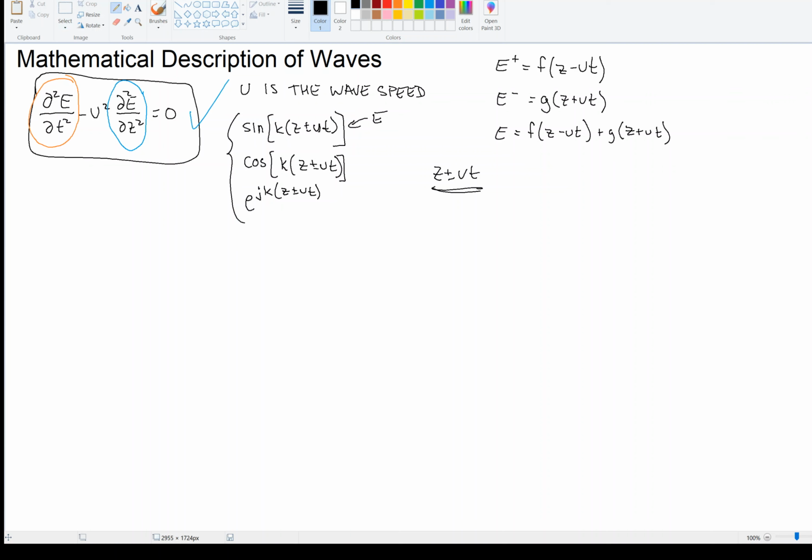So like I said, the solutions need not be harmonic, okay? But if we do assume a harmonic solution, then say E is our wave, we can write E, remember, as a phasor, E_s, and factor out the time dependence like this, e to the j omega t. Now, if we assume a time harmonic wave, and then take the second derivative with respect to time, what do we have there?